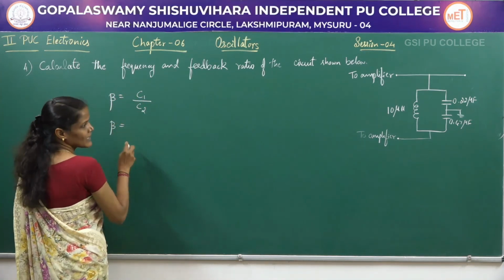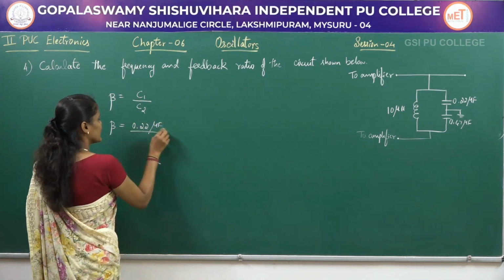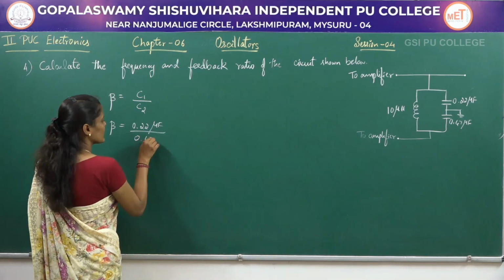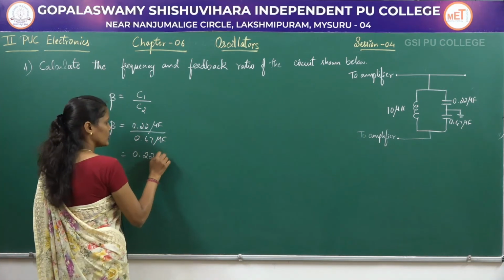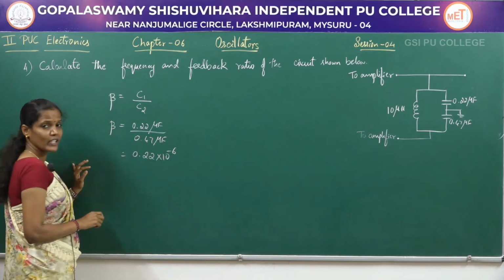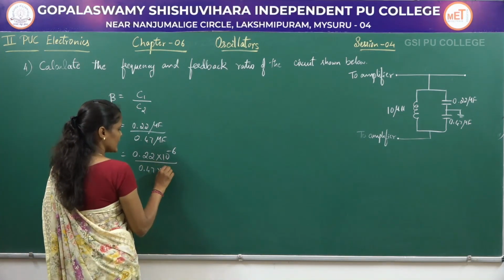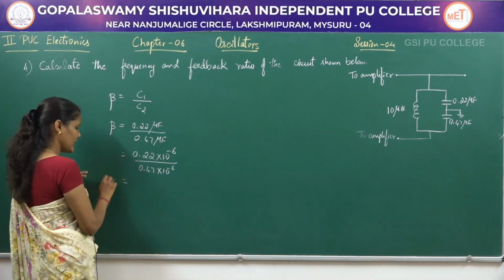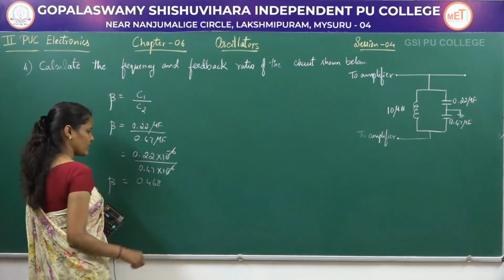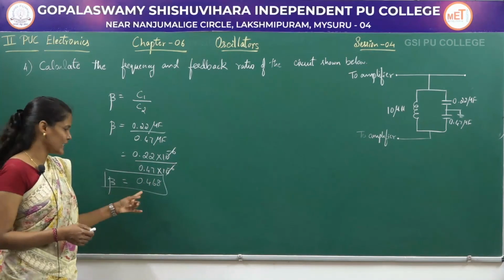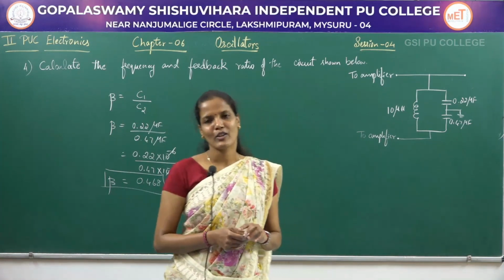So, beta equals C1 value is 0.22 microfarad and C2 value is 0.47 microfarad, that is 0.22 into 10 to the power of minus 6, micro is 10 to the power of minus 6, divided by 0.47 into 10 to the power of minus 6. So, beta is equal to 0.468, the 10 to the power of minus 6 terms get cancelled. So, beta is equal to 0.468 is the feedback factor for this Colpitts oscillator.